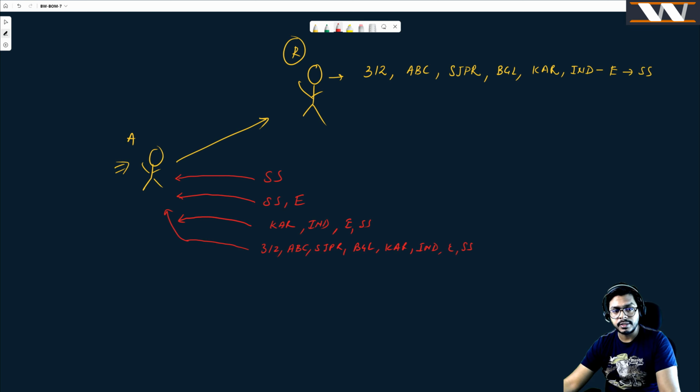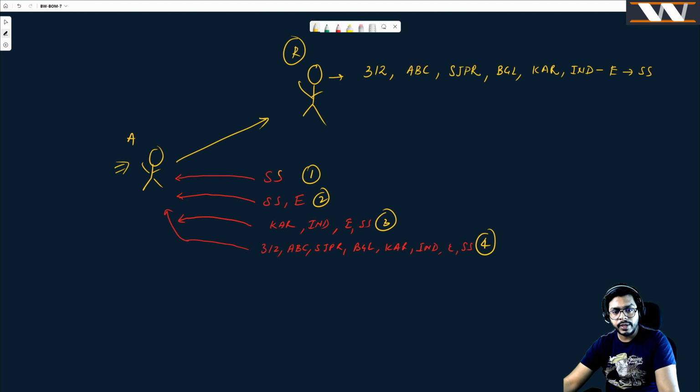Which information would Anjali like to process? Whether the first one, second one, third one, or fourth one. Of course, she is going to process everything, right? Because everybody is giving her the address to reach Mr. Rahul, right?